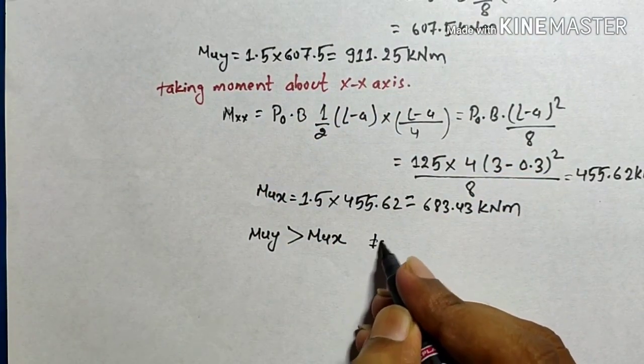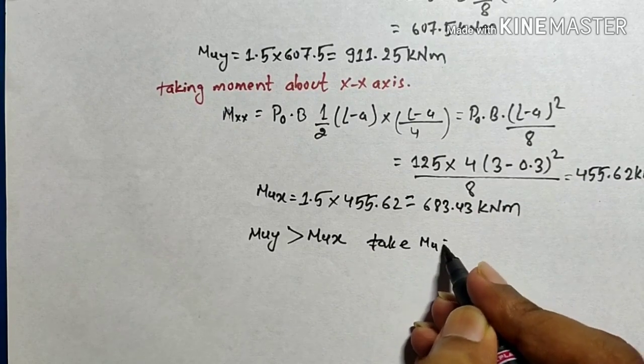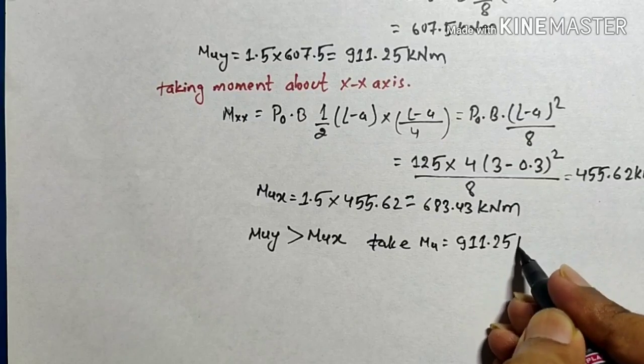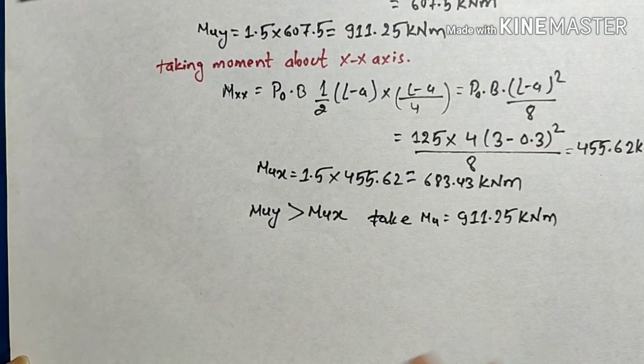Take Mu equals 911.25 kilonewton meter, and let's find the value of effective depth.